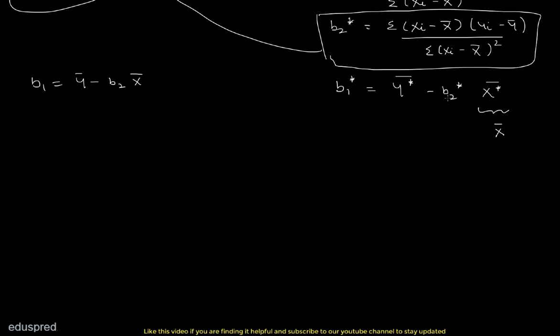We just saw that b2 star and b2 are same. So instead of this, I can just write b2. And we already know the relationship between y star bar and y bar. Instead of y star bar, I can just write y bar plus mu.